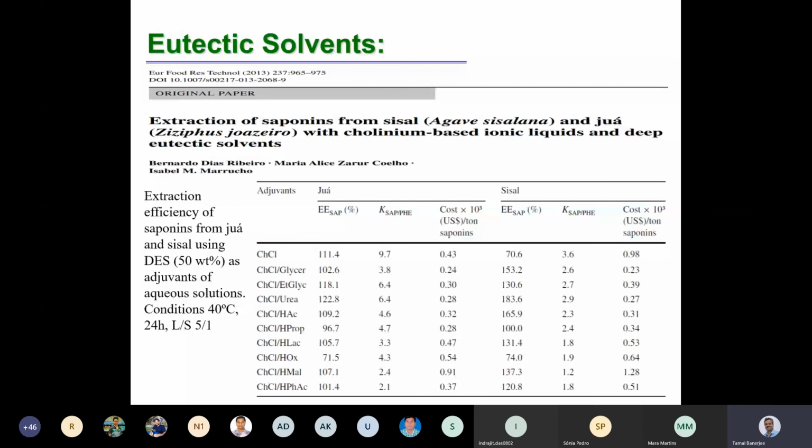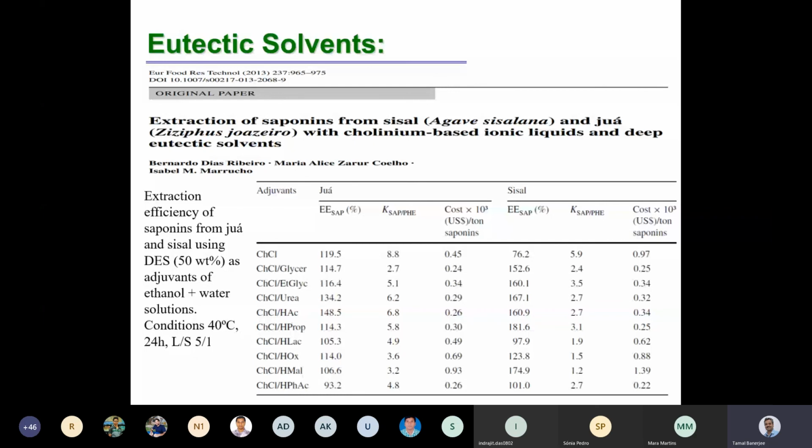I want only saponins, so we make this distribution. The higher this factor, this parameter here, the better, and the cost of these solvents to obtain 1 ton of saponins. Then we compare with eutectic solvent and ethanol water.